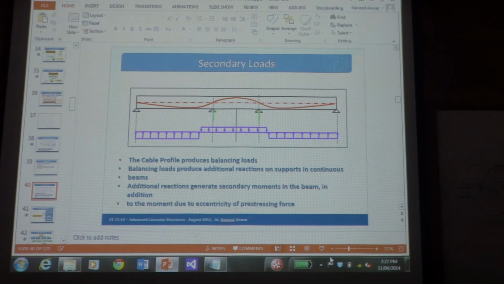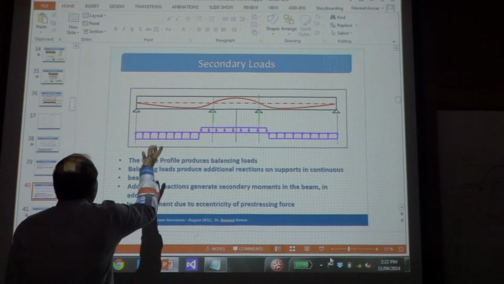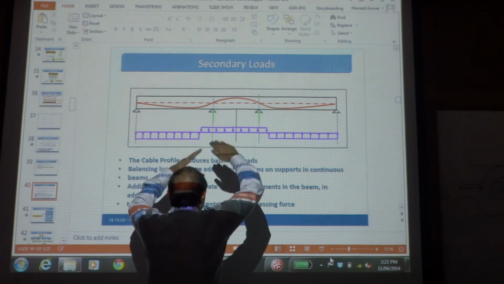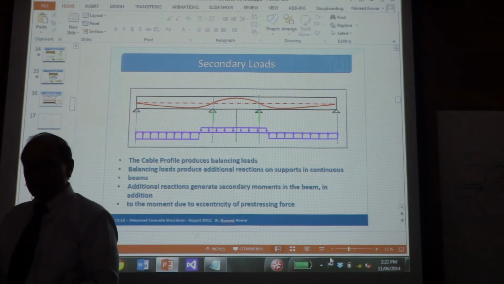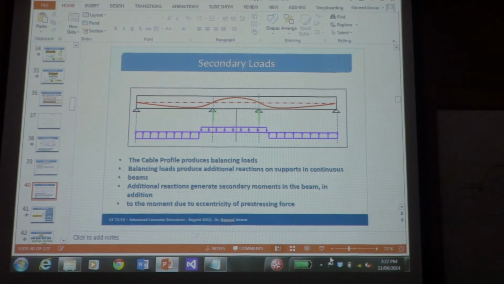It has nothing to do with the force and moment eccentricity. It is the geometry of the cable which is trying to straighten and lifting the things up. And that is called the vertical force applied upwards, and that cable trying to lift down will create a loading on the structure. These are called secondary loads, right?